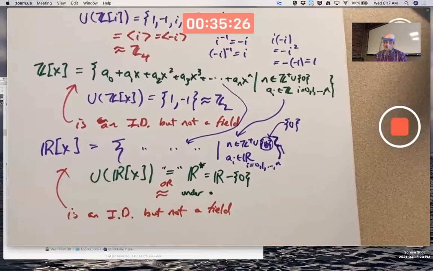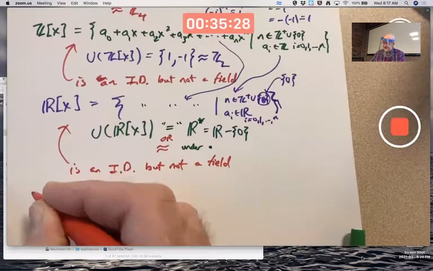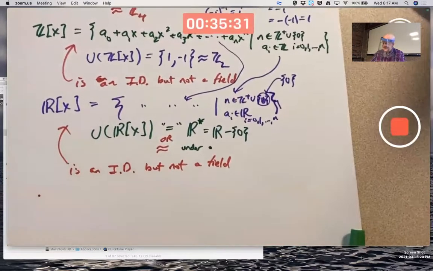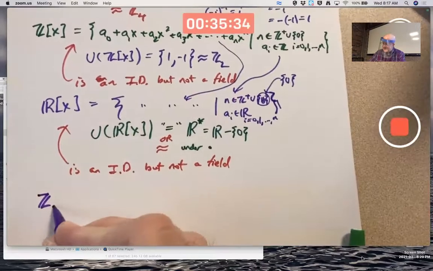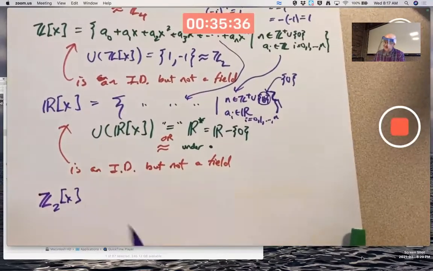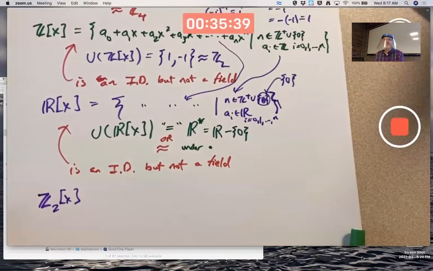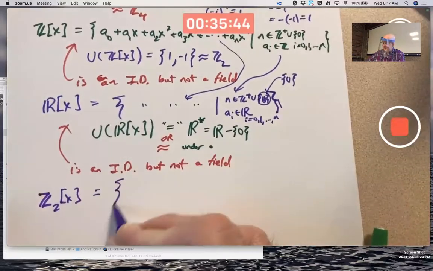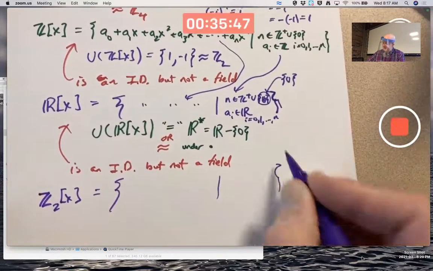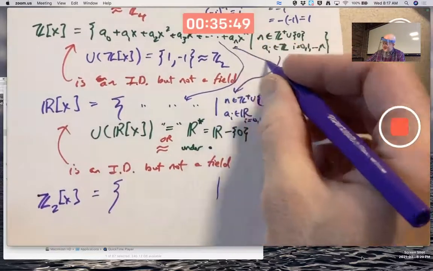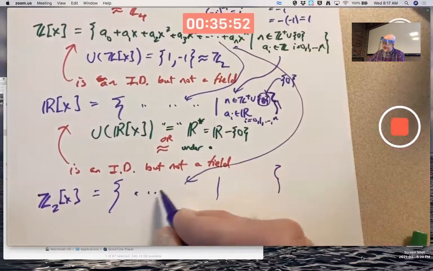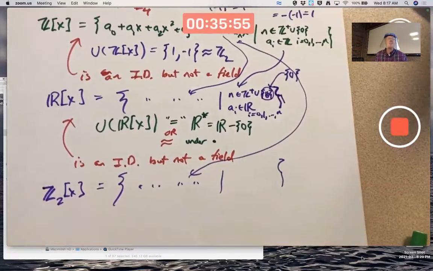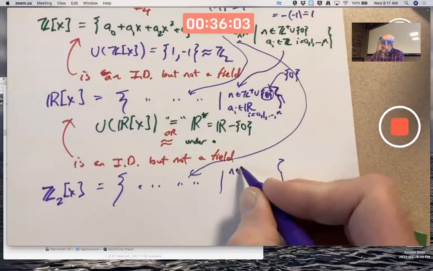Another example. What about, say, Z2[x]? Once again, to save time, I won't bother writing the stuff that goes in here. That's the same again. Z2[x] is the set of all polynomials whose coefficients are from Z2 and n is a non-negative integer.